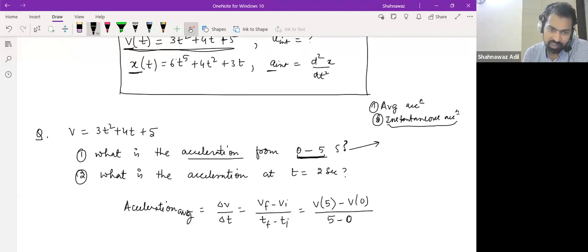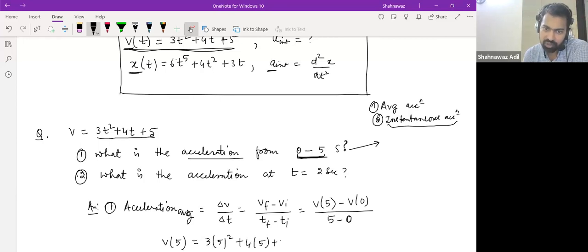So what is v at 5? We know v, and this is the first question. v at 5 is 3 into 5 square plus 4 into 5 plus 5. So this would be 75 plus 20 plus 5, so 100. And what is v0?